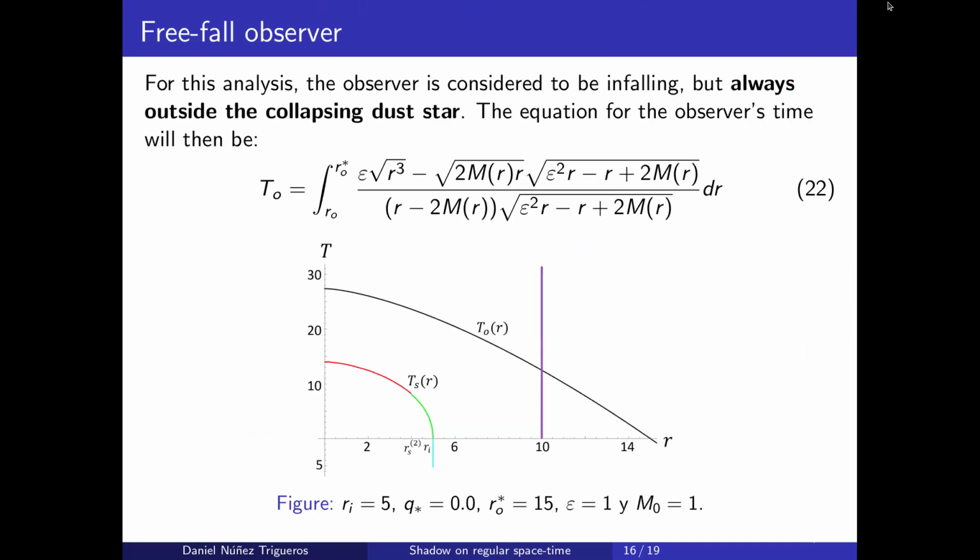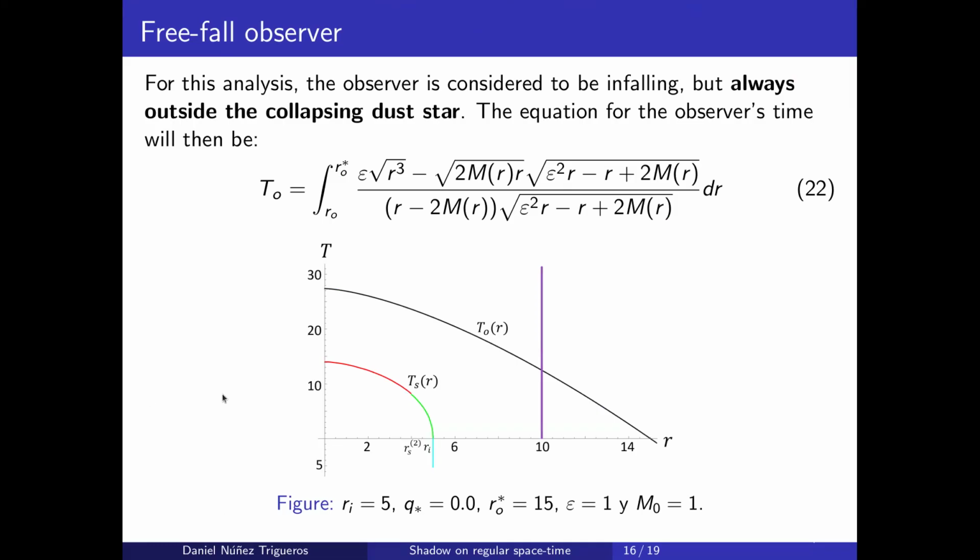And for the case of a free fall observer, the treatment is the same, but it's more difficult. The equations become ugly, but still analytical. And the important thing here is that as the observer doesn't have a fixed position, you could now vary the angular size of the shadow with respect to that position.